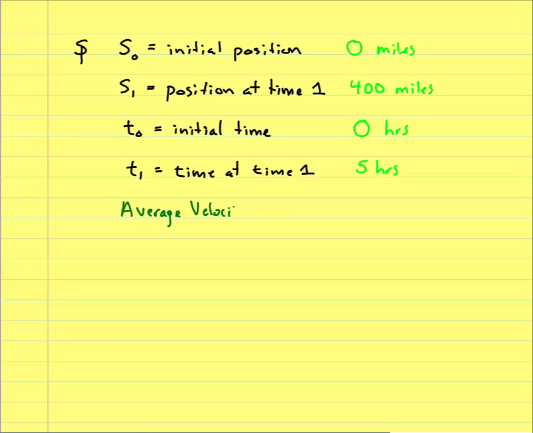Now from our formula up above, average velocity is the change in distance, or my change in position. We see up here position is equal to S, and this is really common as well, to use S for position, over my change in time. So change in position over change in time. Well, let's go ahead and look at our trip here.